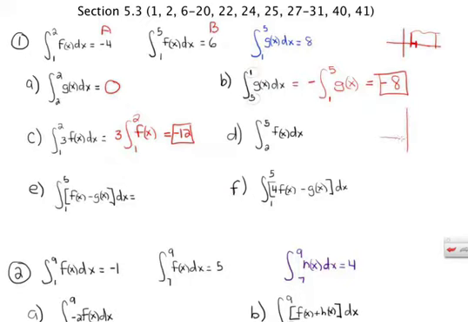So now when I sketch my little picture of my function, I know that the area from 1 to 2, let's call that A, and the area from 1 to 5, that whole thing, let's call that B. So the whole total is B, and that part is A. So if they want to know what the integral is from 2 to 5, which we do, then it seems obvious by looking at this picture that all we have to do is take what we say the total is and subtract A. So the total, according to the way I've set this up, is B, or 6, minus the area of A, which is negative 4.